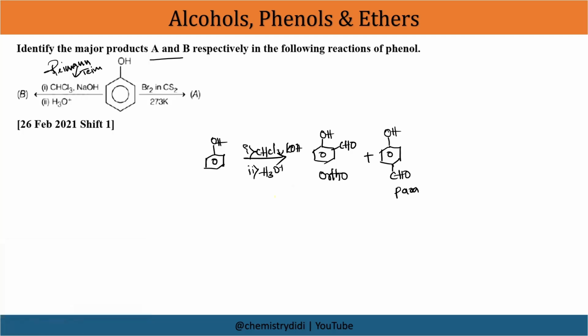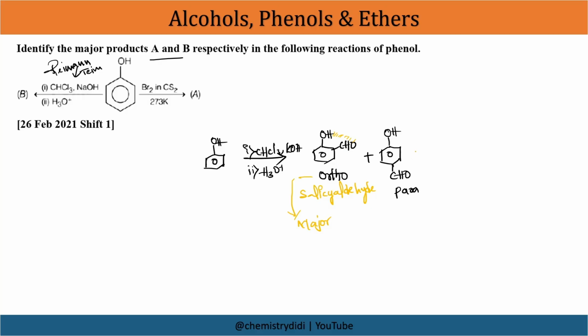Okay, this is salicylaldehyde, and here this one is major. The ortho product is major. Why? Because intramolecular hydrogen bonding is possible over here, so this compound is major over the para.